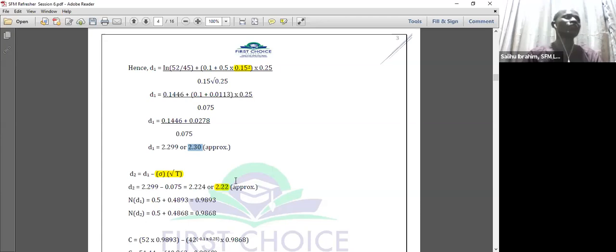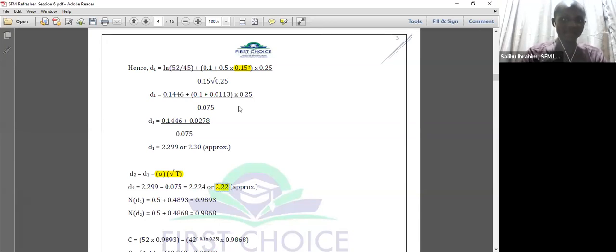And 2.22, you trace it from the normal distribution table. How do you trace it? Let me go and share the screen for the normal distribution table so that you see how this is traced.